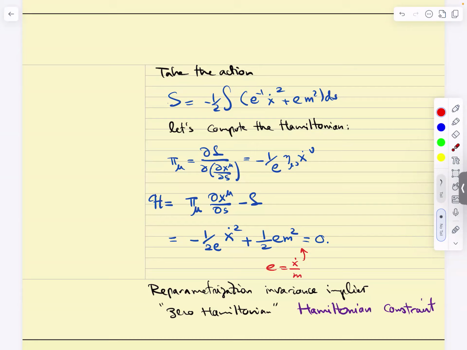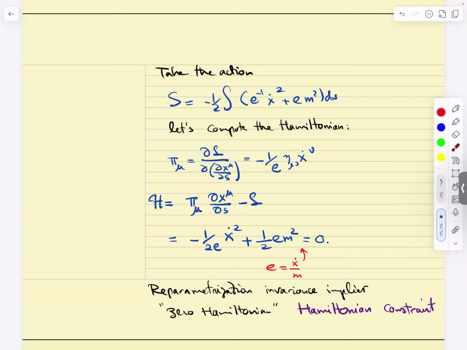Large N made the theory better. So one nice perspective: I just did for you the 0 plus 1 dimensional case. You could take the point of view of 1 plus 1 dimensions, with the target space X being your space-time. That has a name, it's called string theory. That's the origin of string theory.